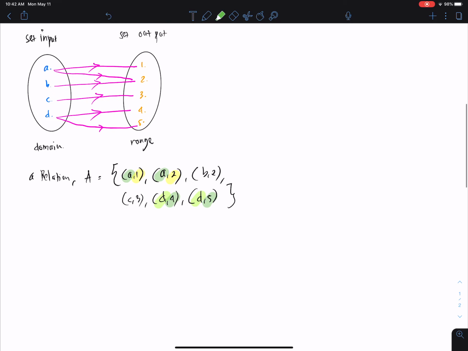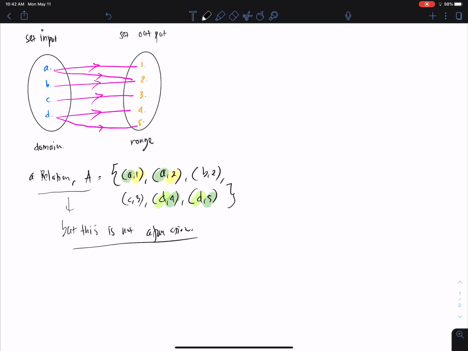So the one that we describe here is a relation A, but it is not a function, because there are inputs which have more than one output.